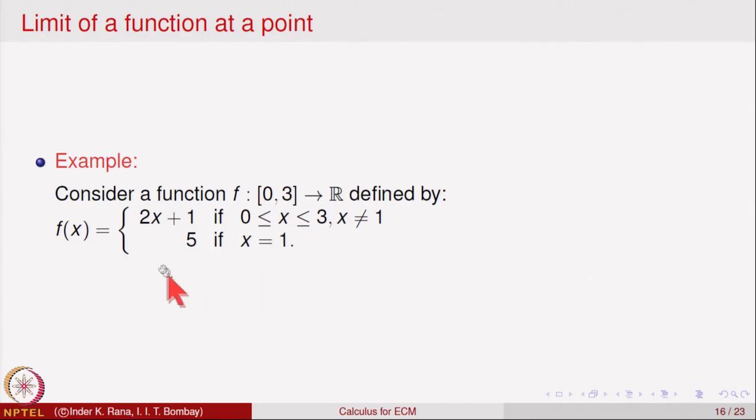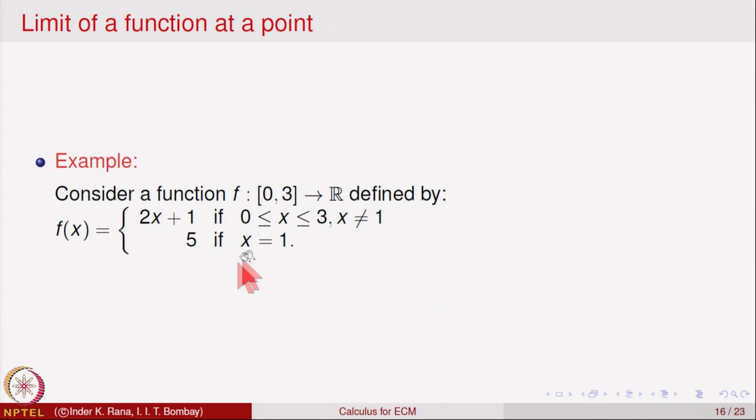How is the function defined? It is defined as 2x plus 1 if x is between 0 and 3. So, for all points between 0 and 3, the value is 2x plus 1, except at the point x equal to 1. At x equal to 1, the function is given the value 5.